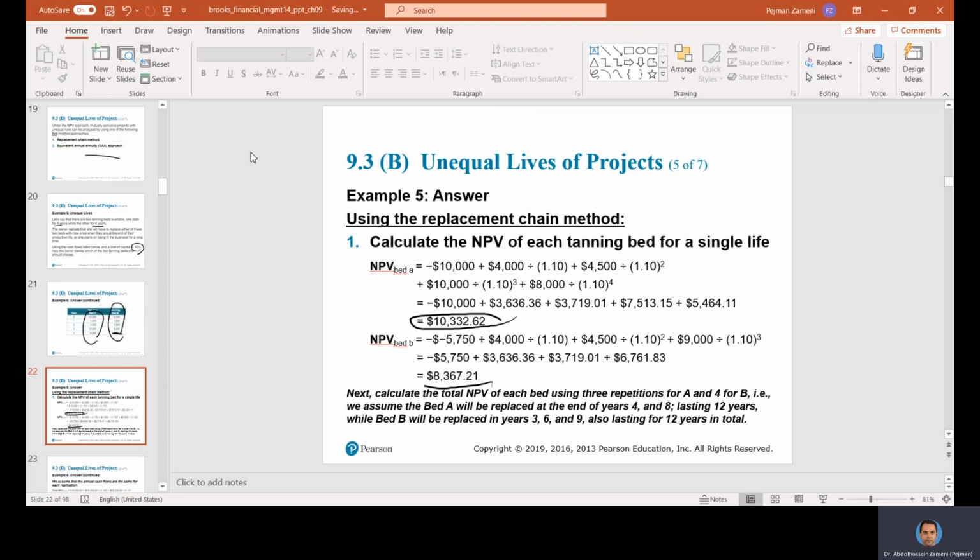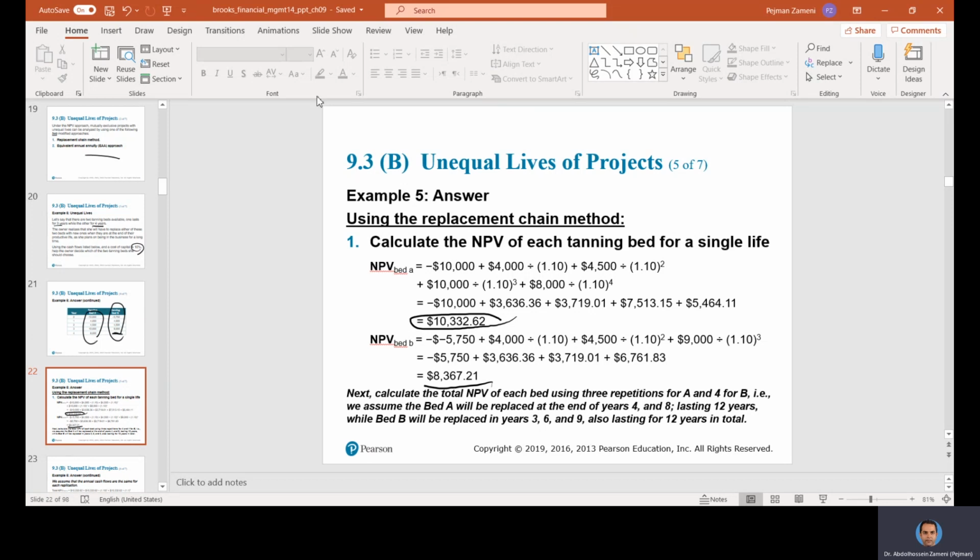Next, calculate the total NPV of each bed using 3 repetitions for A and for B. For example, we assume bed A will be replaced at the end of years 4 and 8, lasting 12 years, while bed B will be replaced in years 3, 6, and 9, also lasting 12 years in total.